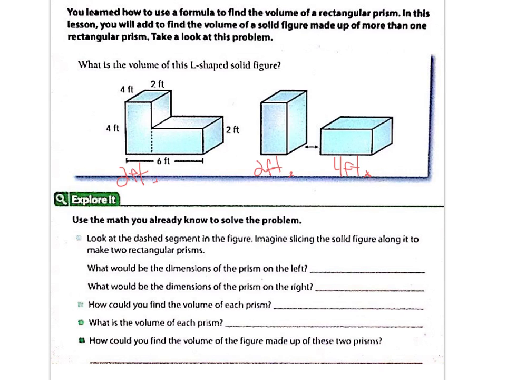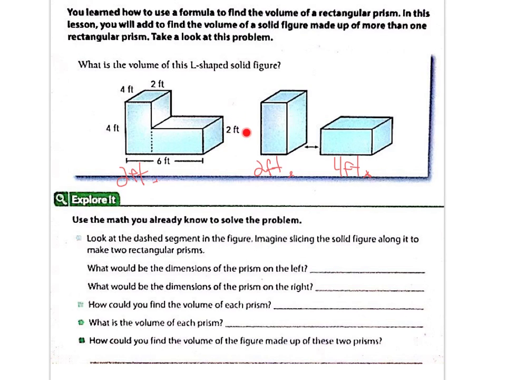If you'll notice, the width does not change. Okay, it doesn't change. So both of these have the same exact width. And the width is kind of tricky to find in this picture. This is a width right here. Think about it. Remember, this is the length. The width goes this way, and this is the height.